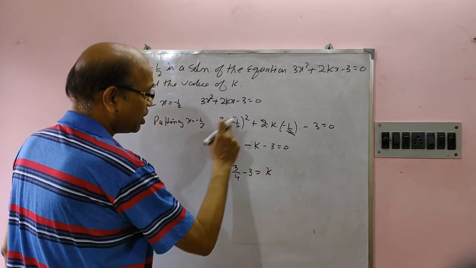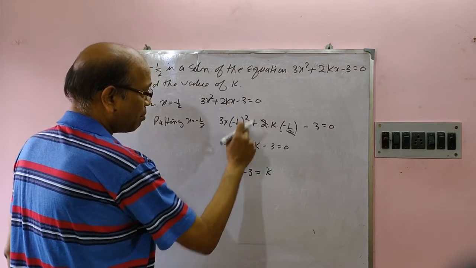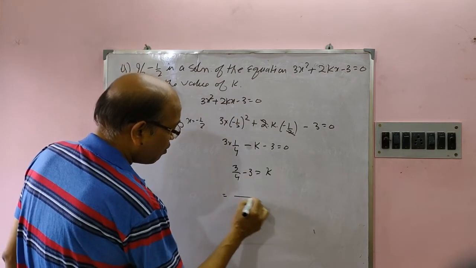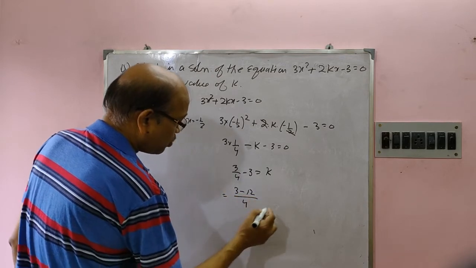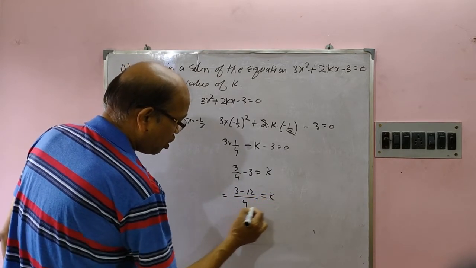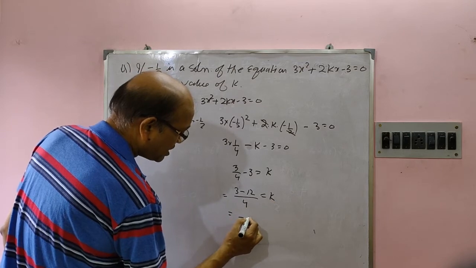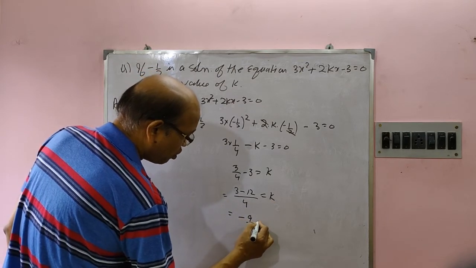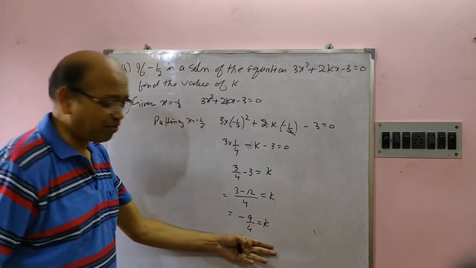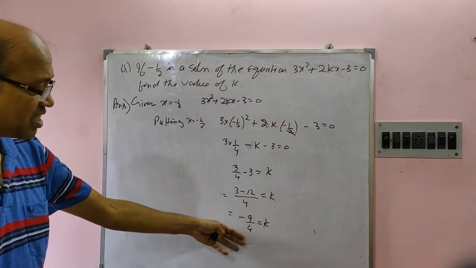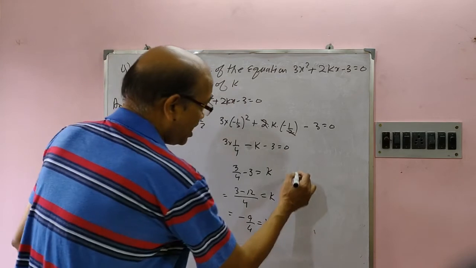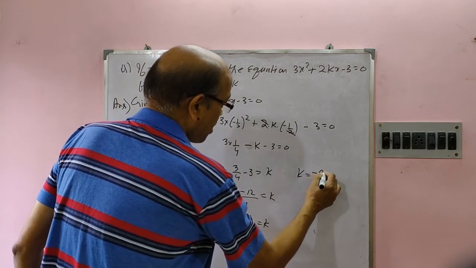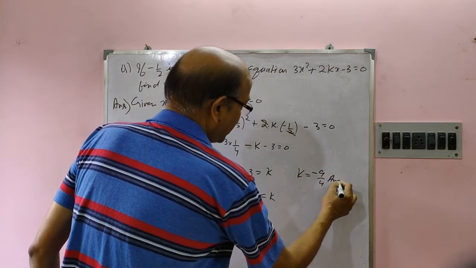This is 3 by 4 minus 12 by 4, so 3 minus 12 is equal to k, or minus 9 by 4 is equal to k. So what is the value of k? Minus 9 by 4, and that is your answer.